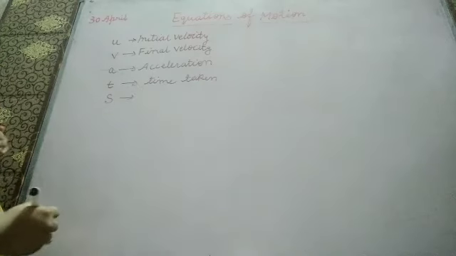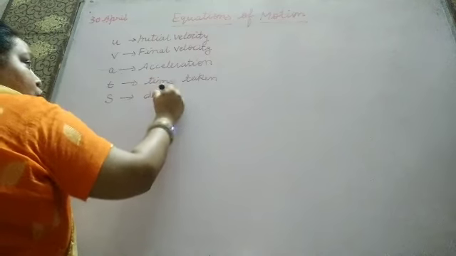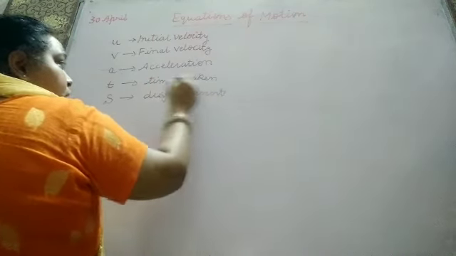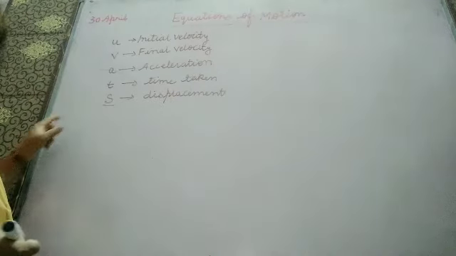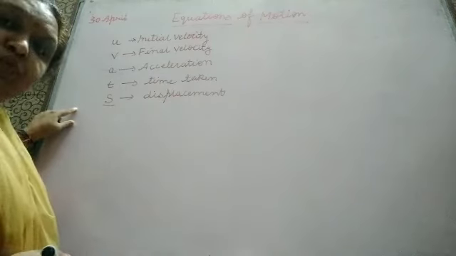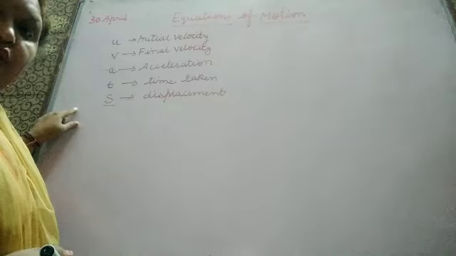What do you mean by s? S means displacement here. Don't write distance as s. Here s means displacement. So all these are the terms which we are going to use in our derivations of equations.